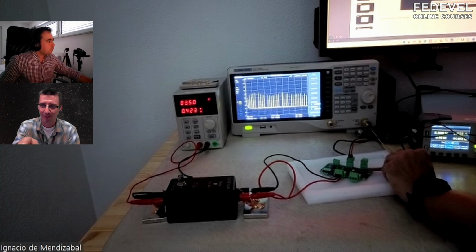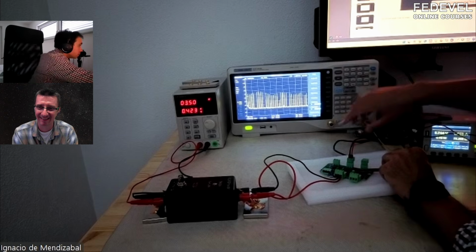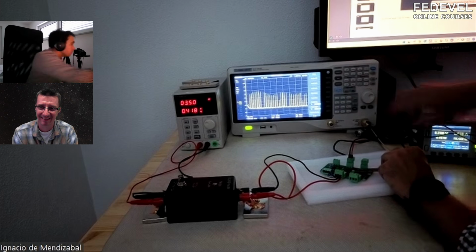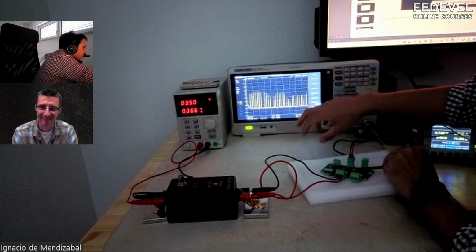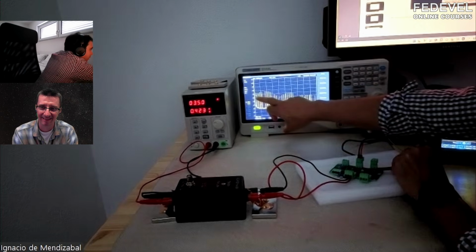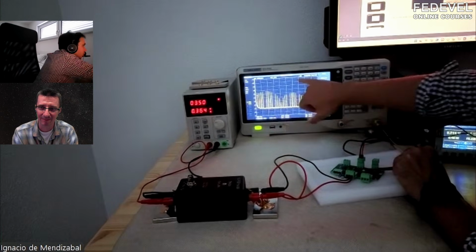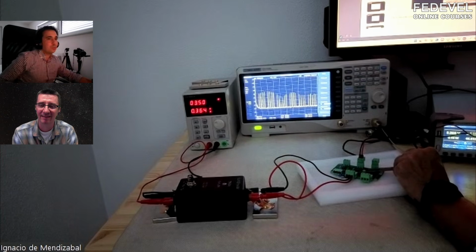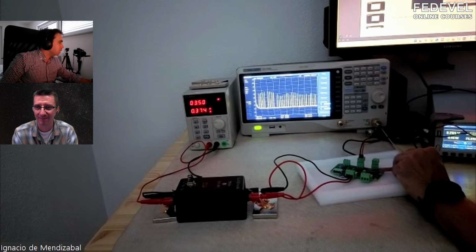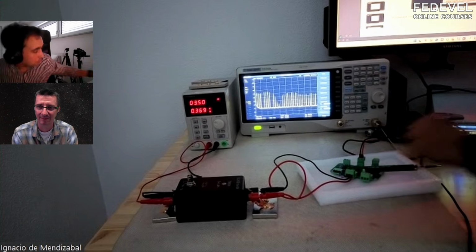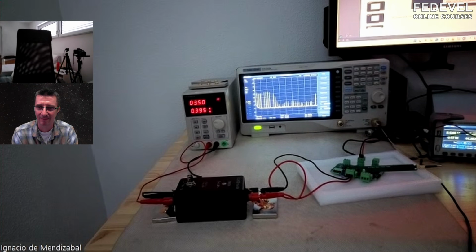Can you point with your finger, because I don't know which one it is. Sorry. Here, that's the very first peak. It's 1.48 mega. Let me see that this camera is recording too.